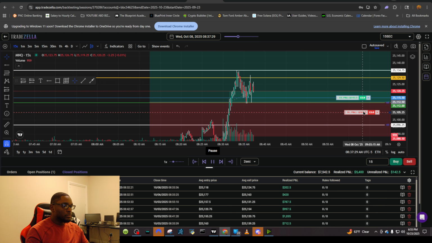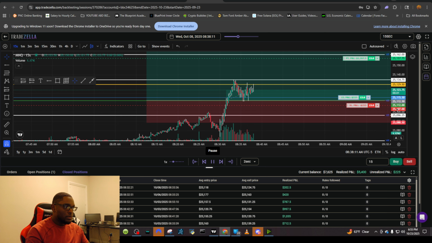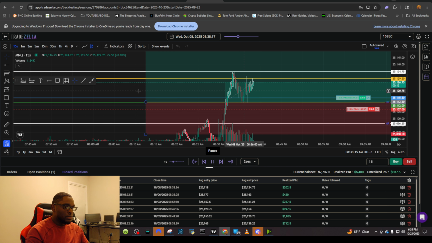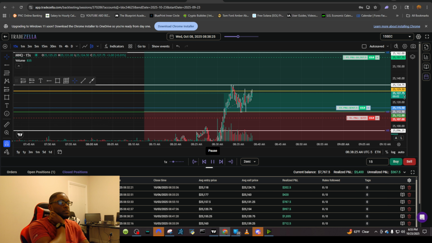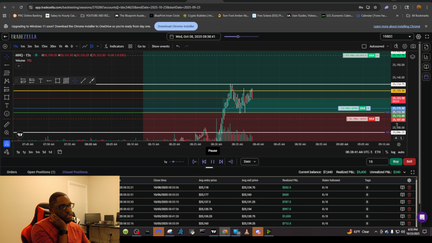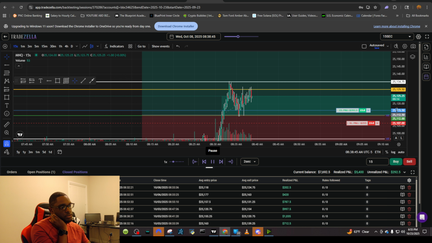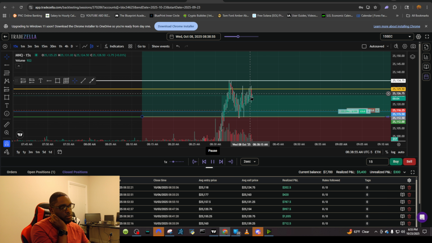I don't like the way it's stalling and we're getting lower highs right here. That 400 looked good, but yeah, I'm going to go ahead and move to break even. I don't like that rejection candle.